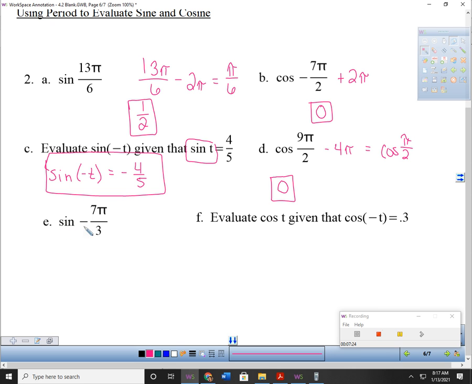Sine of negative 7 pi over 3. Well, I'm going to go ahead and change this to something else. I know I'm going to have to add 2 pi's, because this is a negative angle. So I'm going to take that negative 7 pi over 3, and I'm going to add 2 pi. And I may have to add more than that. We'll just have to see.